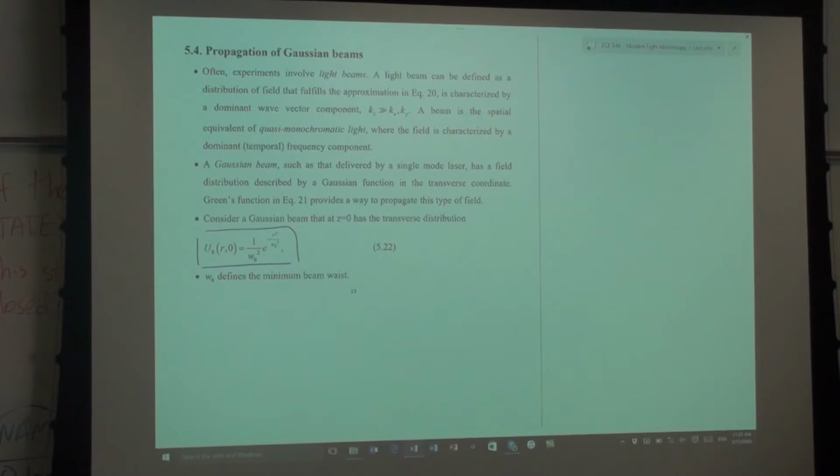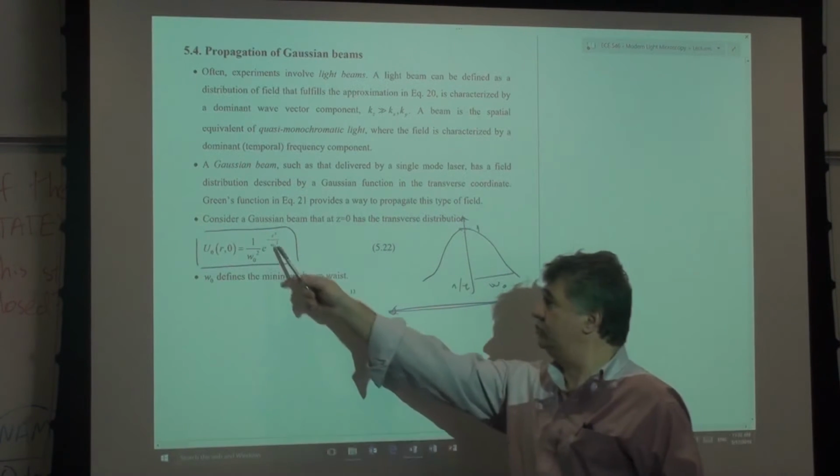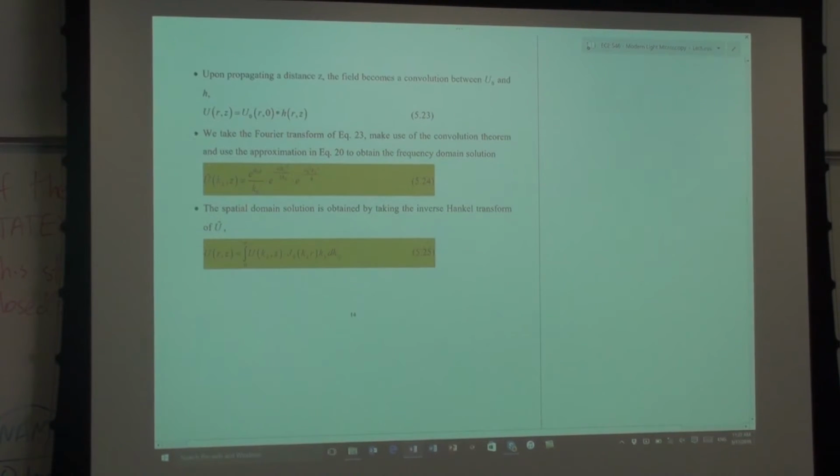But most people like to define the width as 1 over E, so when W equals R, you get 1 over E. So it's somewhere here. They call this W. I would have preferred to have a 2 here such that W we can call the standard deviation of the Gaussian distribution. It will be more physical, but whatever. In the end, it's a detail.